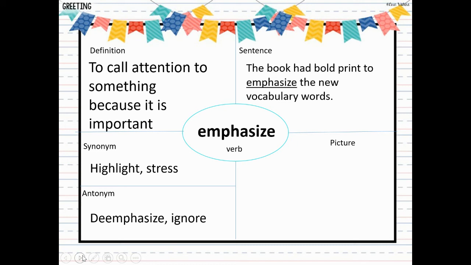I'm not calling attention to it, I will ignore it. So again, our word is emphasize, to call attention to something because it's important. The sentence is, the book had bold print to emphasize the new vocabulary words. Synonyms are highlight and stress. Antonyms are de-emphasize and ignore.